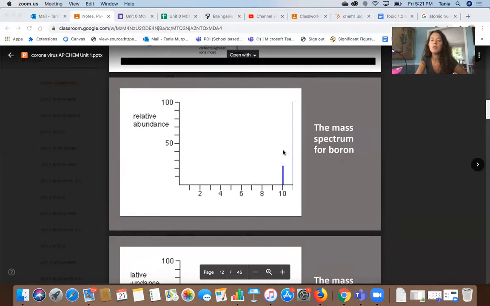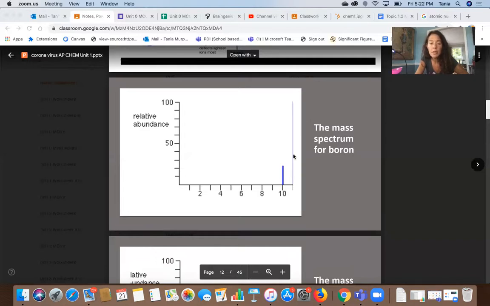If they were percentages, we would expect these to add up to 100. But what else I notice is there's one line at the 10. So each line simply represents an isotope of boron. And because there are two lines, there are two isotopes. One weighs 10, looks like one weighs 10.5, which also does not make sense to me right now.